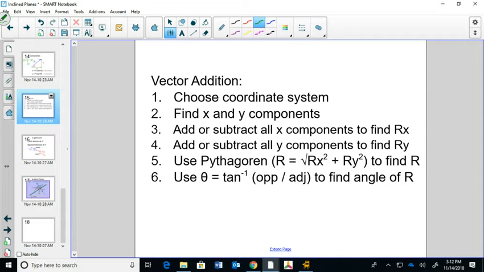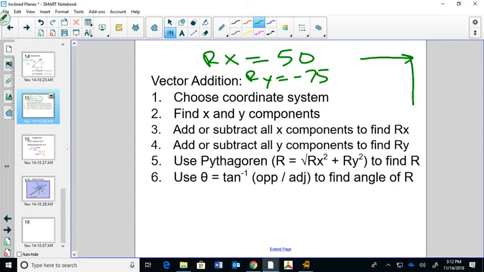Then I make a new triangle out of the one x and the one y. So if I have an Rx that's equal to 50, and an Ry that's equal to minus 75, I would go over 50, that's positive, and down 75, that's negative.